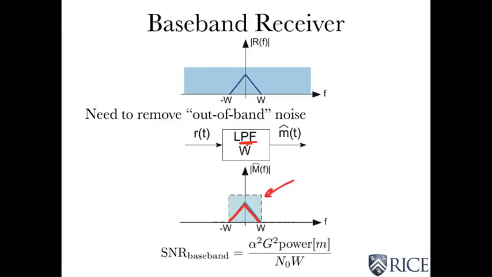Now, what is the signal-to-noise ratio? It's going to be the attenuation squared introduced by the channel times the gain squared of our transmitter times the power in the message, whatever that is, divided by N0 W. N0 times the bandwidth of the noise, which is just W.